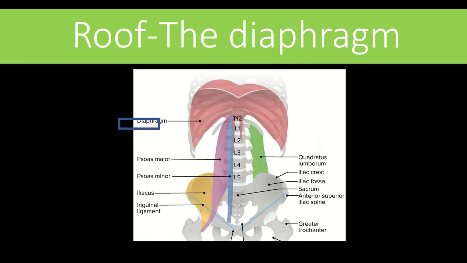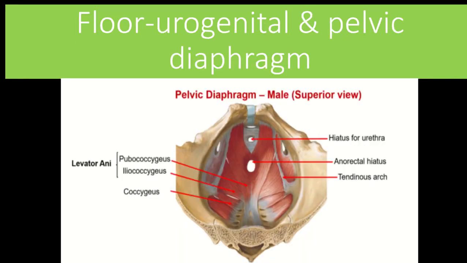So next one, the roof of the abdominal wall is formed by the diaphragm. Here we can see the abdominal wall starts from here and ends up to this, the large area of the abdomen, and we can see the roof, the structure called the diaphragm. Next one, floor. Floor of the abdomen is formed by two important structures: urogenital diaphragm and pelvic diaphragm.